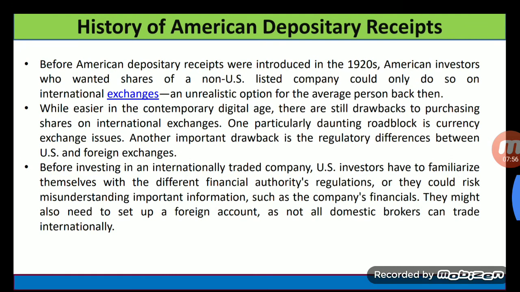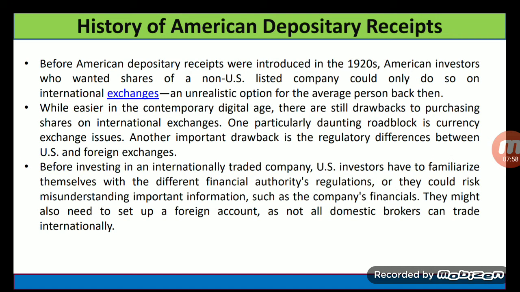Now let us discuss the history of American Depository Receipts. Before American depository receipts were introduced in the 1920s, American investors who wanted shares of a non-US listed company could only do so on international exchanges.